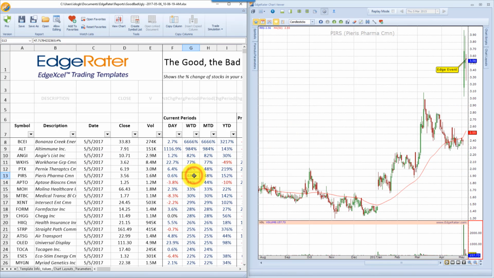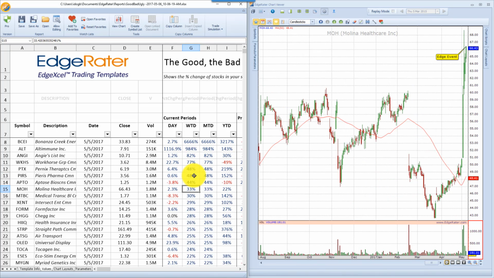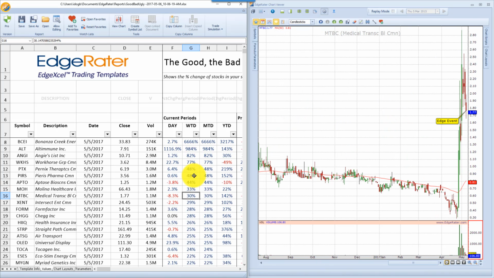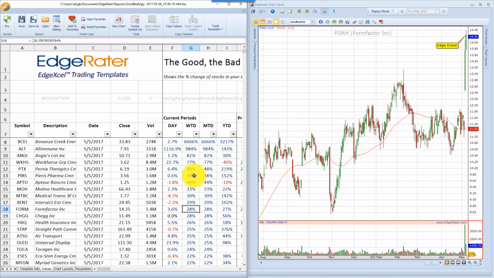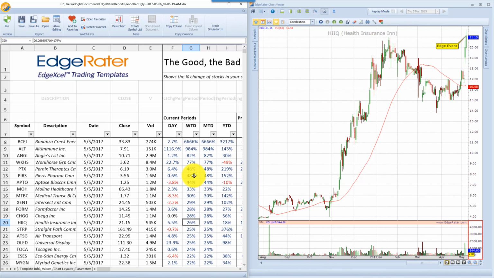I'm not so interested in that, but I'm just going to quickly scroll through here and get a feel for what's been happening with these names. You can see what I'm doing. I'm just using my cursor key on my keyboard to go down through the stocks. If I find something of interest, then I can make a note.